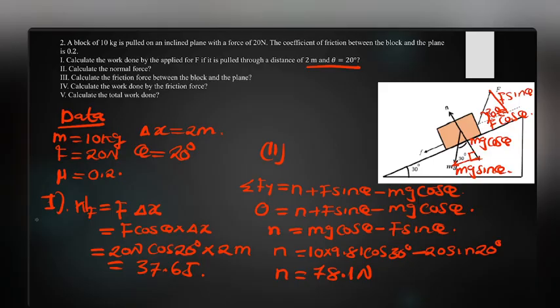Now we'll keep the values that we found. The work done by the applied force that we have is 37.6 joules, and the normal force that we have calculated is 78.1 newtons. We'll need this information.